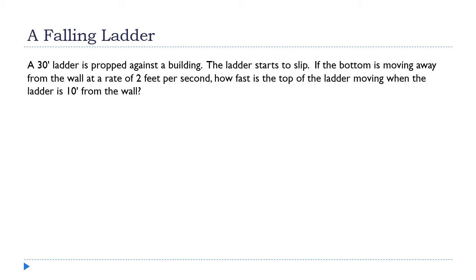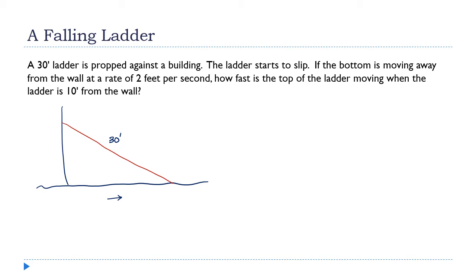Right, so here's what I have. I have the ground, I have the wall of this building, and I have this ladder. The ladder is here. What do I know? I know that this ladder is 30 feet long, and I know that it is moving away from the wall.